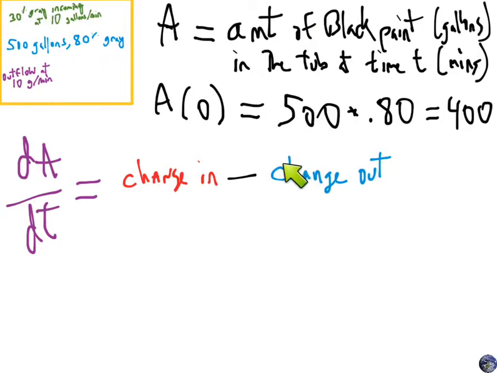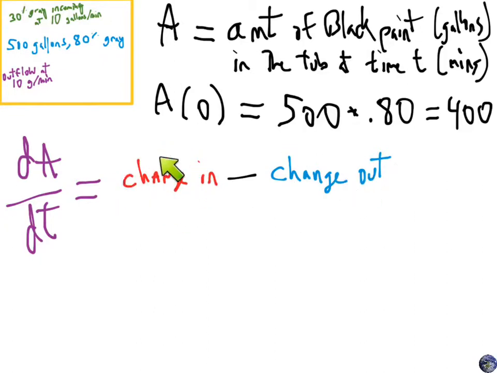If at some particular moment there's 7 gallons of black coming in, but 3 gallons of black coming out, I'm just making it up, that would mean the total change in blackness at that split second would be 4. So dA/dt would be 4. It's always going to be change in minus change out.